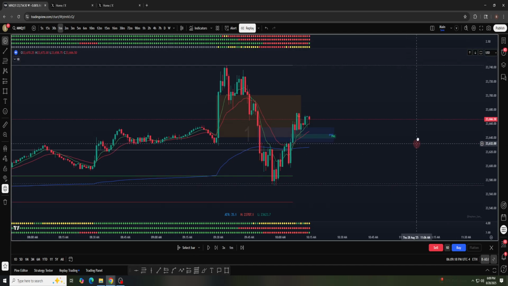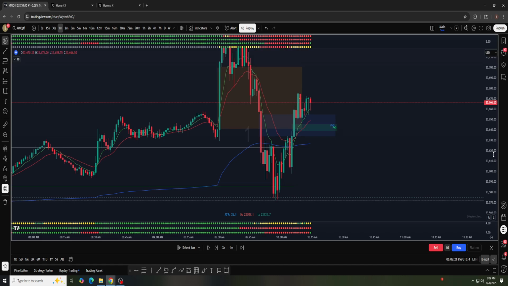This is exactly what I was looking at when price was coming down into this area. So dots were green, then they were mixed. When dots are mixed, I don't think price action is worth trading. Usually it indicates chop, which it kind of was.